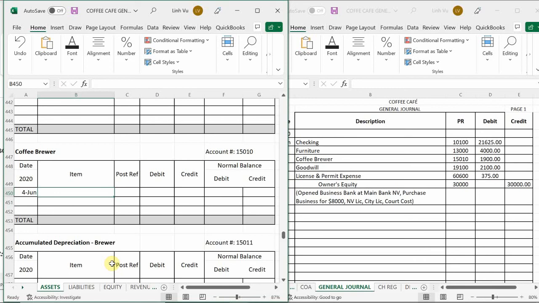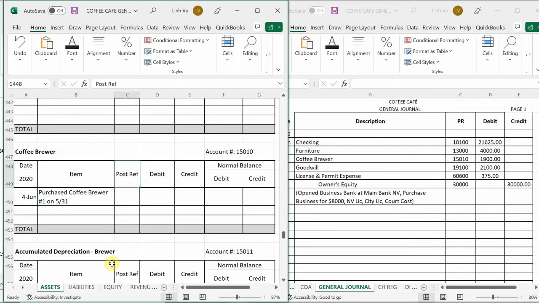I can also say that I purchased my coffee brewer, and I'll give you a hint here: we are going to be making another purchase of a coffee brewer, so you could say this is coffee brewer number 1, on May 31st.